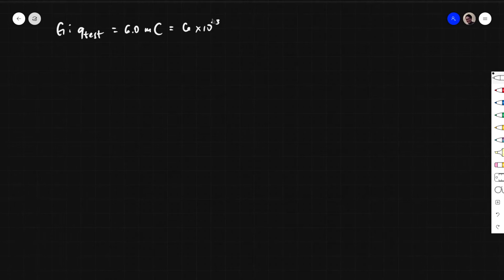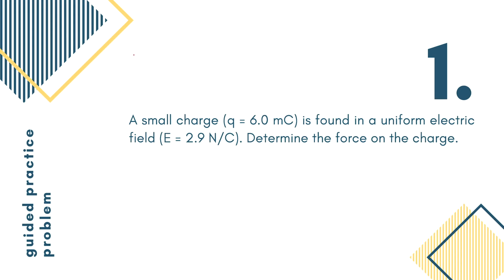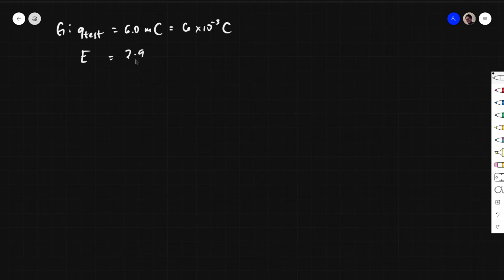Sorry, not micro, that's milli. Then we have an electric field of 2.9 newtons per coulomb. Since it has already been shown here, the unit of electric field is newtons per coulomb. Then we don't need any conversion for this one.